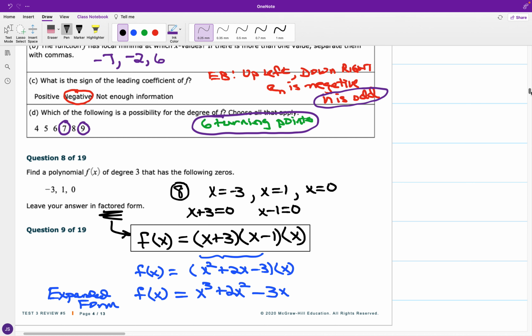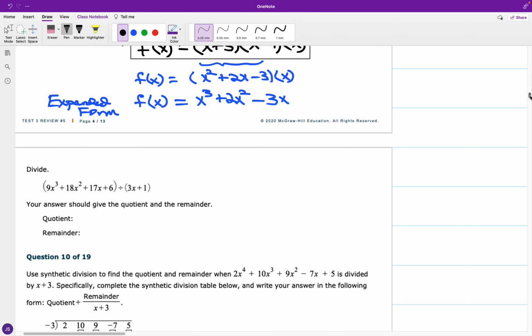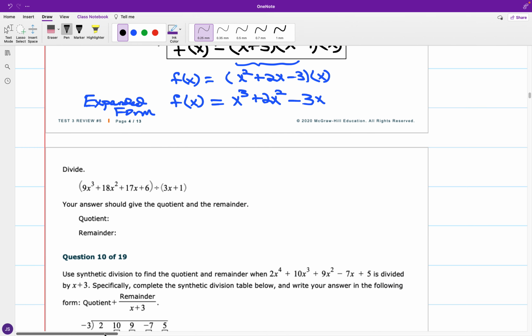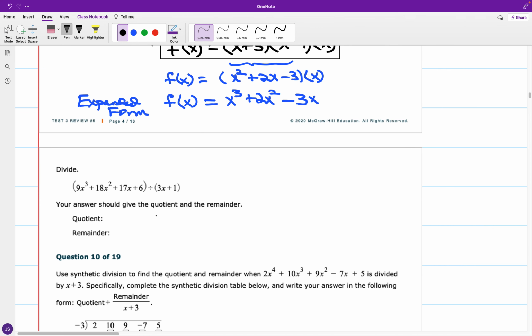All right. Now, in the crossover to, once again, polynomial division, in this one case we're looking at the divisor 3x plus 1 and the dividend, this 4-term cubic expression.